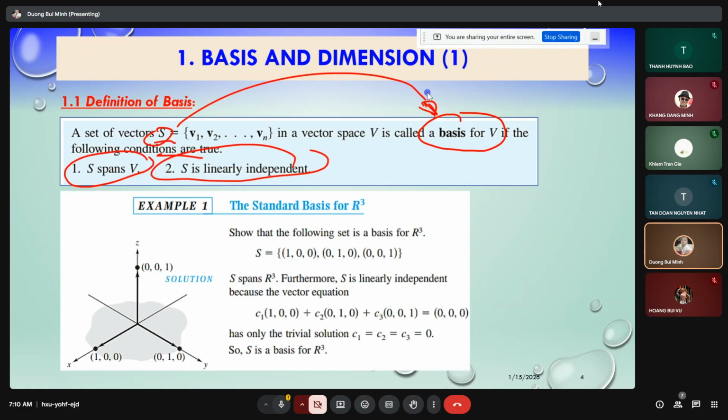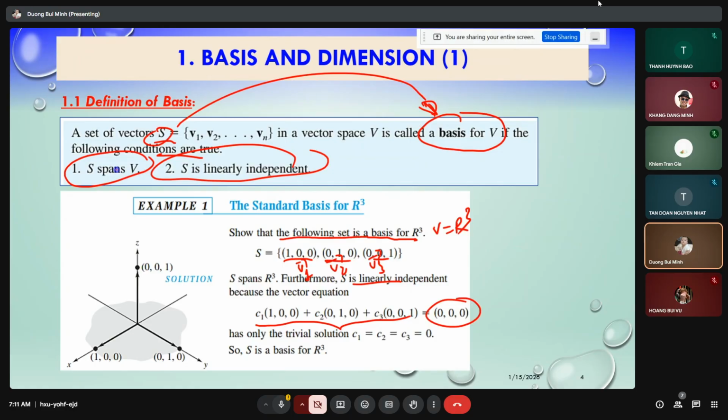Understand? Good. Now, show that the following set is a basis of vector space R3. V is R3. So how many vectors do we have? 3: V1, V2, and V3. We need to demonstrate S is linearly independent. The linear combination of all vectors is equal to the 0 vector, and C1, C2, C3 are all 0, so we say S is linearly independent.